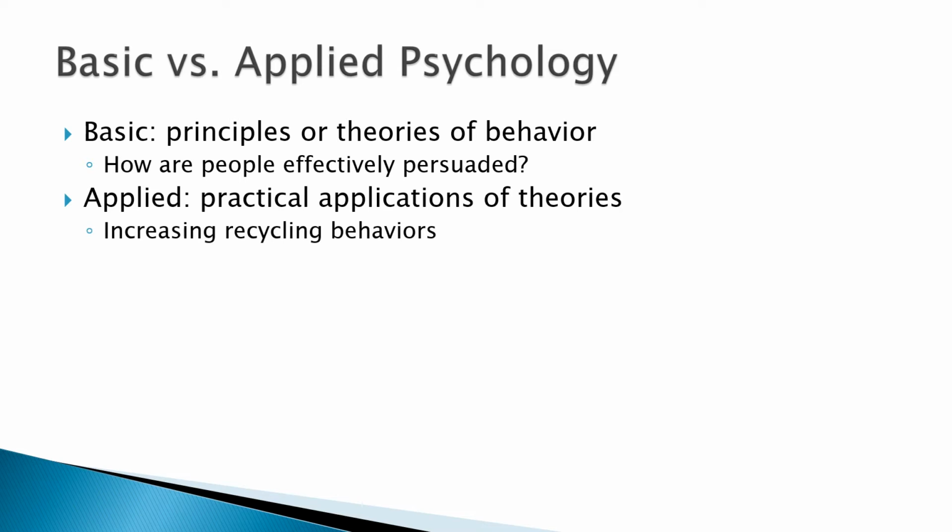So for example, a basic psychology question would be, what are some of the underlying principles of persuasion? Whereas applied psychology would be about using those principles in order to increase recycling behaviors. This is what I'm asking you to do if your group decides to do a community intervention or create a PSA, to apply principles of conformity and persuasion in order to get people to engage in a positive behavior or to stop doing a negative behavior.